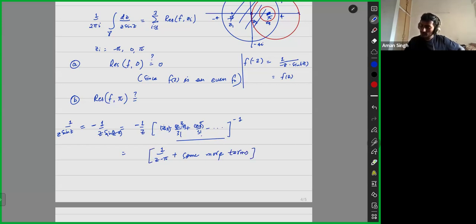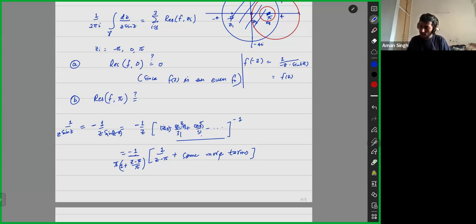This is inside the box. 1 by sine z has this expansion around pi: 1 by z minus pi plus some more part, we don't care about them, no worries. Now minus 1 by z, what happens to this? Minus 1 by z can be written as (z minus pi) by pi, with pi taken outside, 1 plus.